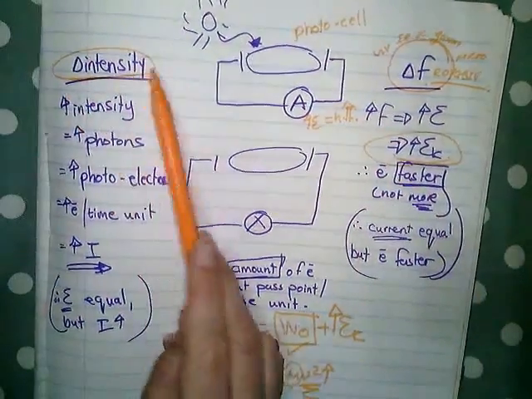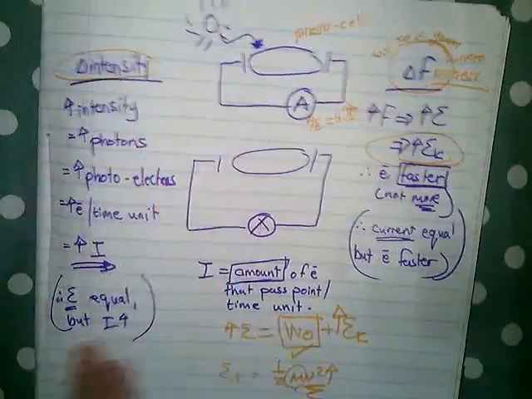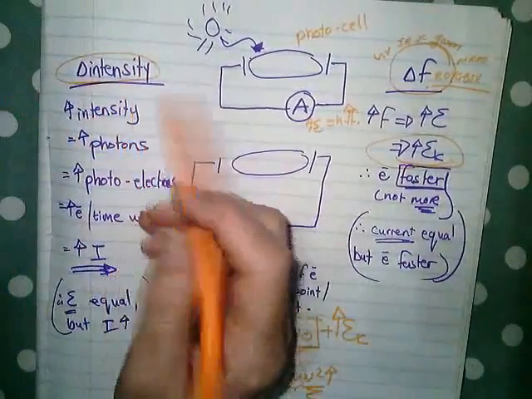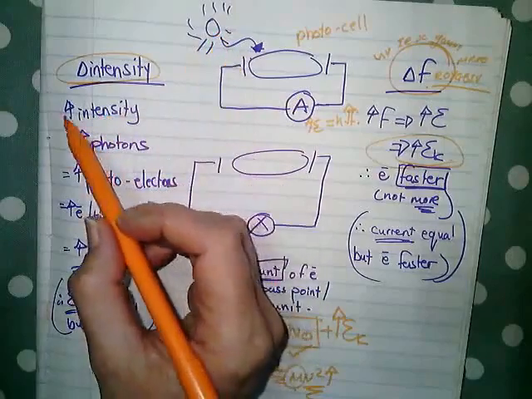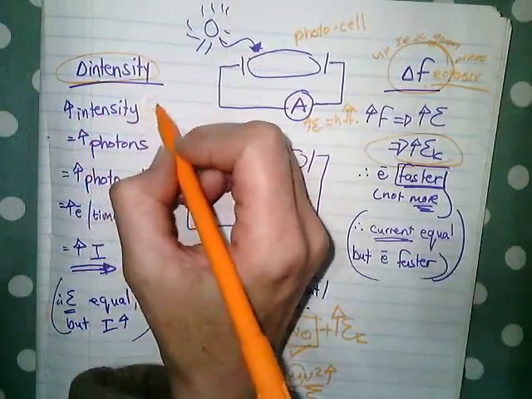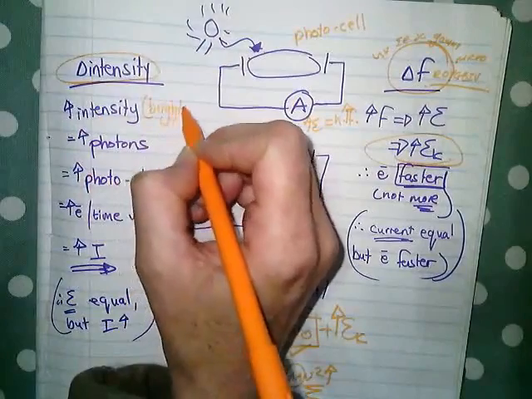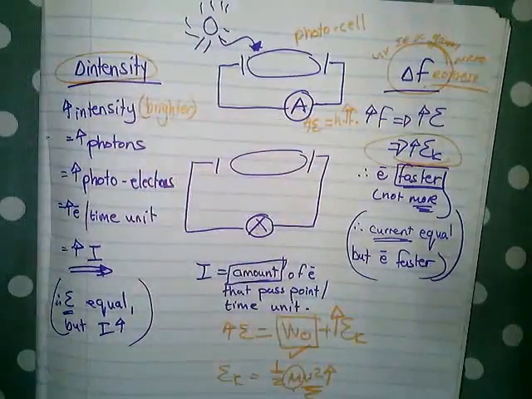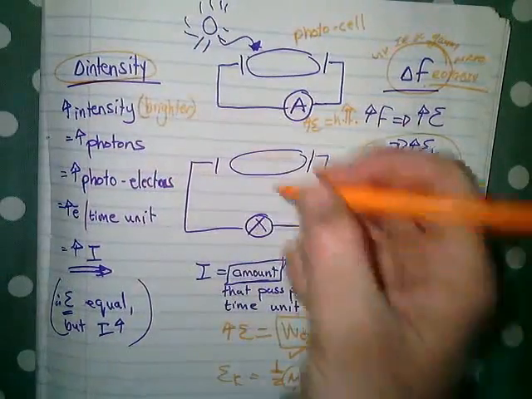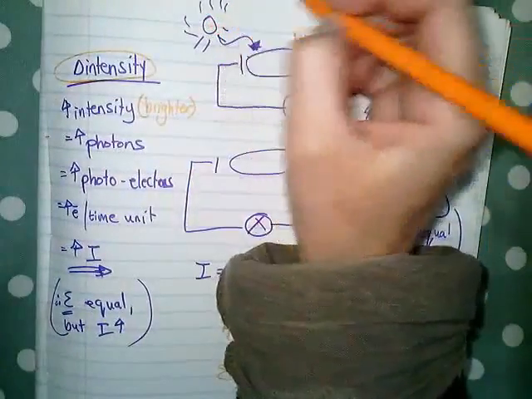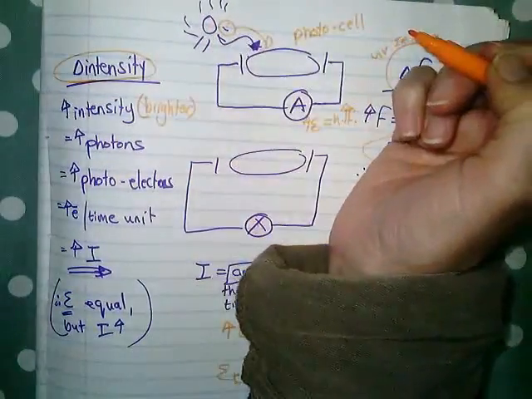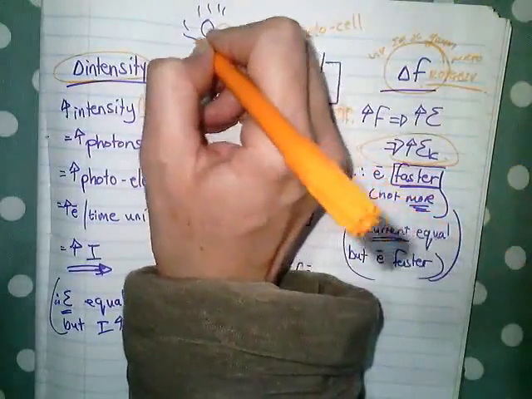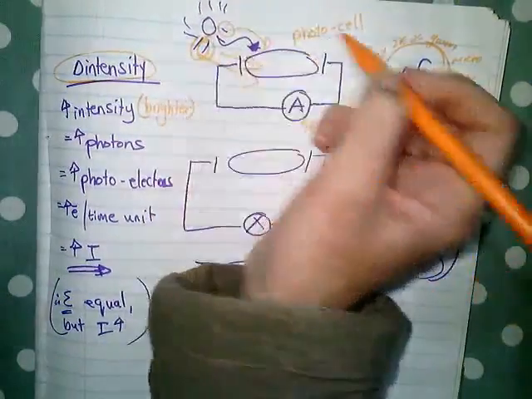Okay, then the change in intensity. So if we basically make it brighter, if we increase the intensity, we make the light source brighter. All right? So what that means is instead of, let's say, 1 photon reaching that metal, we have, let's say, 3 or 4 photons.